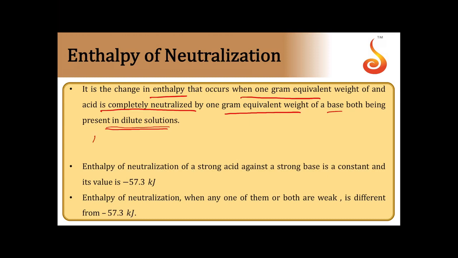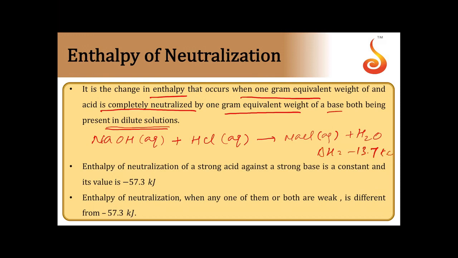For example, take NaOH in aqueous solution plus HCl in aqueous solution, giving rise to NaCl in aqueous solution plus H2O. Here the energy given off is minus 13.7 kilocalories.